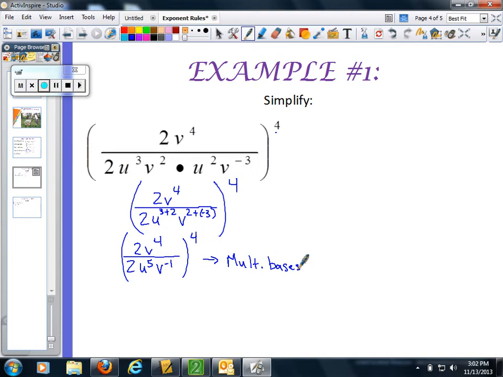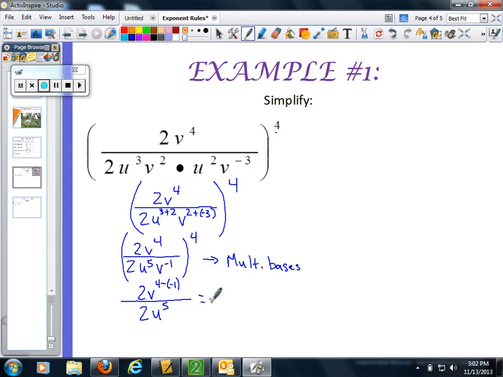Okay? And now you can do one of two things. I can move the negative to the top and then add them, or I can use the dividing bases rule and do the subtraction, which is what I'm going to do. So this is going to be 2v to the 4, and this is minus negative 1 over 2u to the fifth.